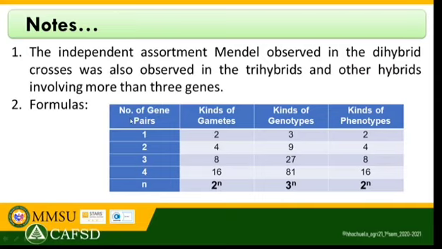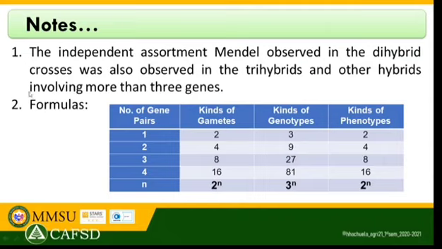You can also do the computations with the branching method to determine the phenotypic and genotypic ratio. So, you may anticipate in your exam or quiz that I may give problems with 3 pairs of genes or 4 pairs of genes.